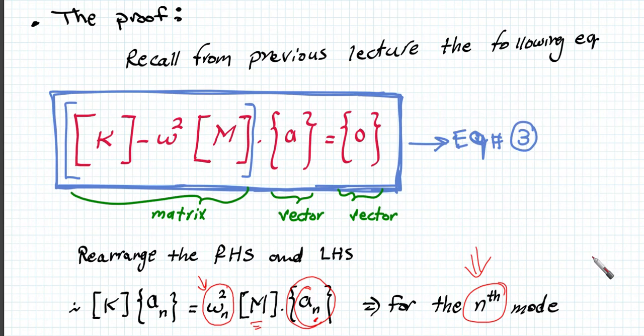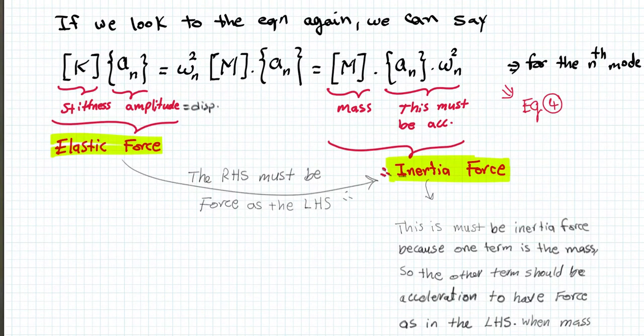Okay, now let's go to the next part, which is related to this equation. If we look at it again, we need to understand it in a physical sense so that we can give a better interpretation for the equation. As I said many times, we need to be patient regarding the mathematical equation, because sometimes we need to understand the significance of the left hand side and the right hand side, and sometimes we need to read them in a different way.